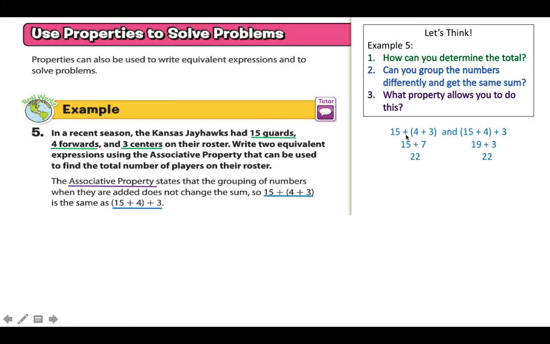If we add 15 plus the quantity 4 plus 3, we get 15 plus 7, and that gives us 22. And if we group them differently and add 15 and 4 and then 3, we also get 22. So yes, we can group them differently and get the same sum. That lets us know that we are properly modeling the associative property.